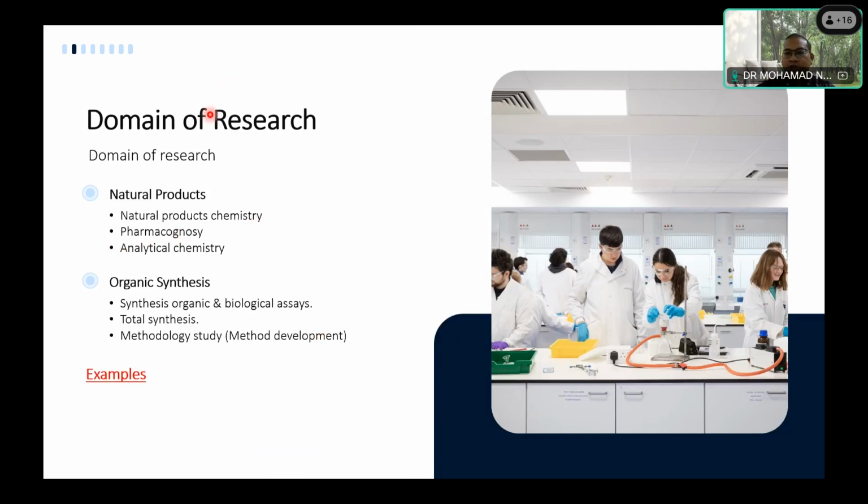Normally in natural products, we work together with pharmacognosy, which refers to biological activities. In our laboratory we have alpha amylase, alpha glucosidase, antidiabetics. Now we are moving to antimicrobials, cytotoxic activities, Alzheimer's disease, and so on.